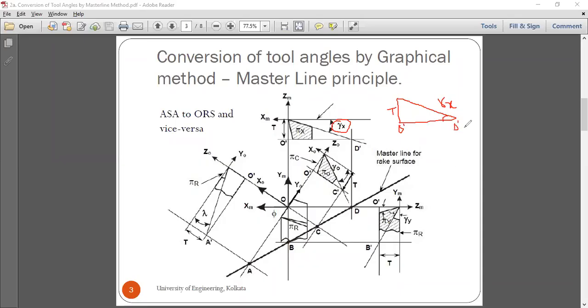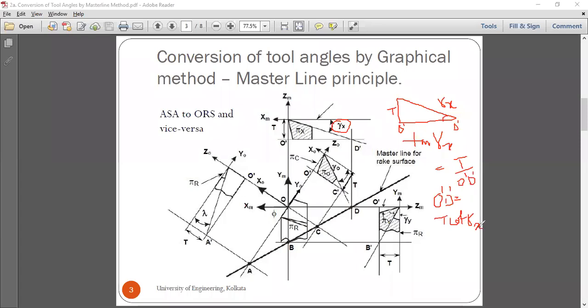Fine. So if you want to find tan gamma x, tan gamma x will be equal to T by O dash D dash, perpendicular by base, right? So I can write O dash D dash equals T cot gamma x.